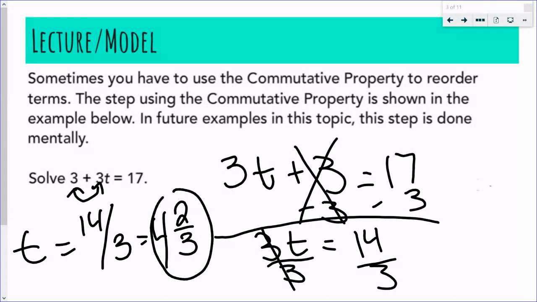You could go back in and plug in the 4 and 2/3 to make sure that it works, and you would find that 3 over 1 times 14 over 3, these 3's would cancel out, so you're really just left with 14. And then 3 plus 14 would be 17. So you can always go back in and plug in and make sure that you did everything right.